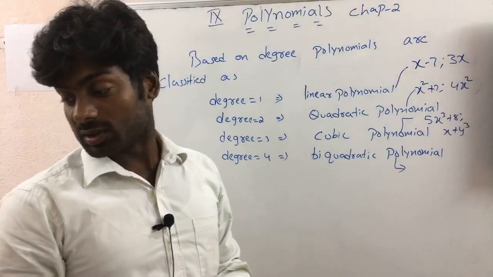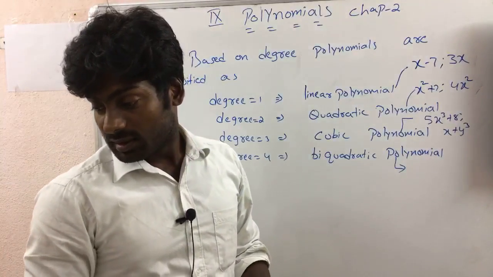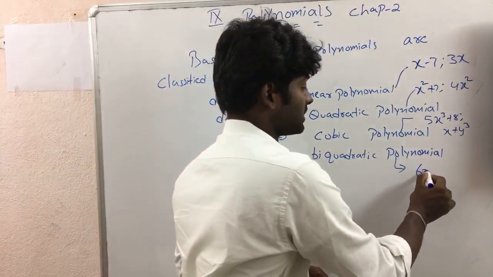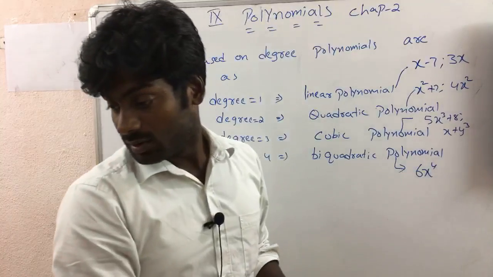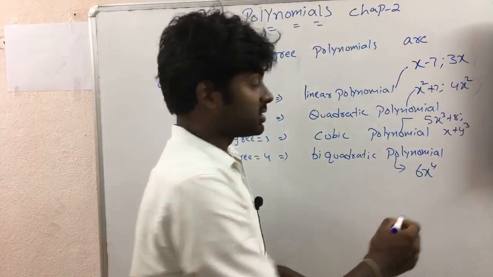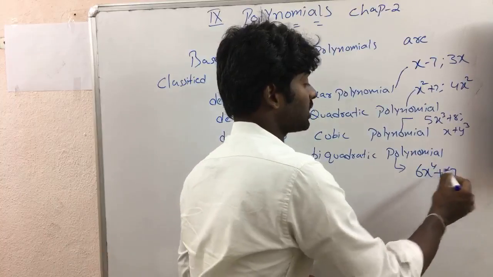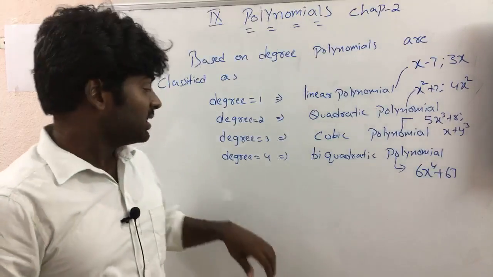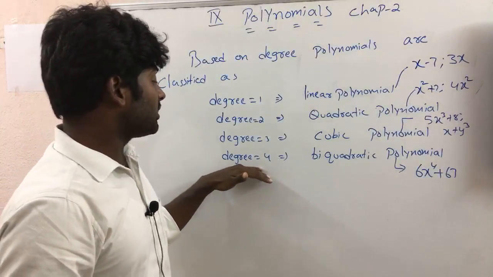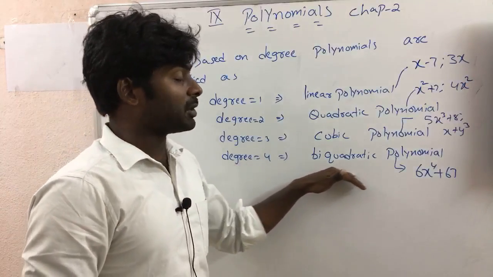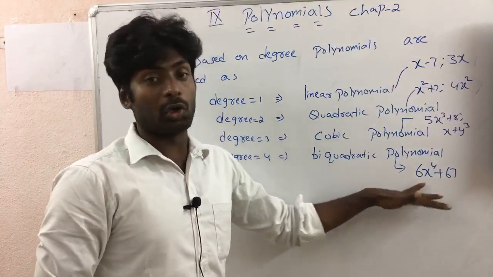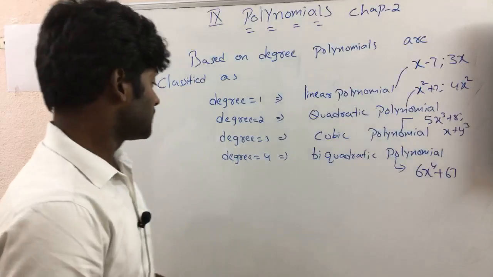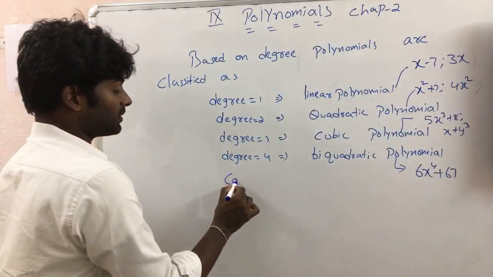You can type in the chat box. 6x power 4 plus 67. Very good, Selvi, correct one. If we have more than 4 as the degree for any particular polynomial, generally it is said to be a polynomial.